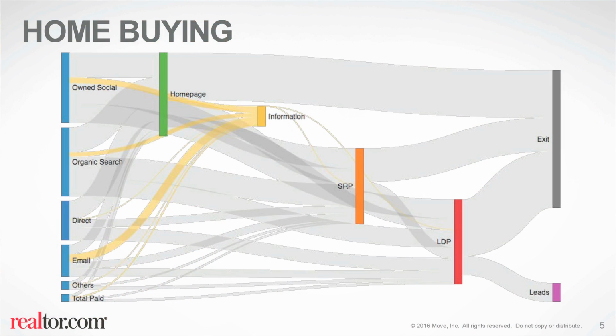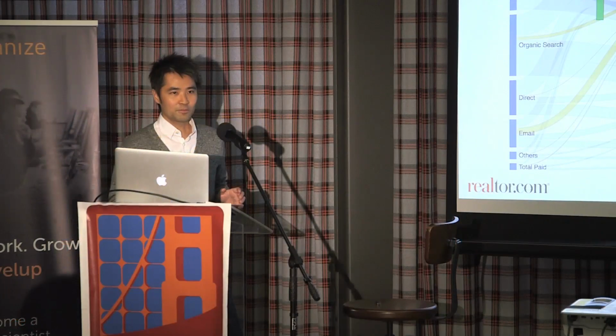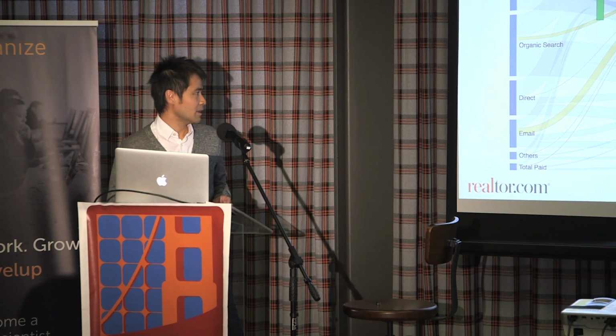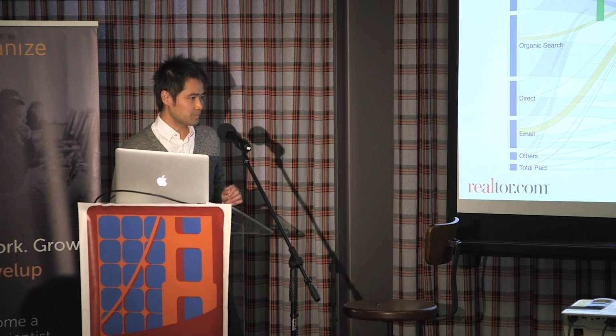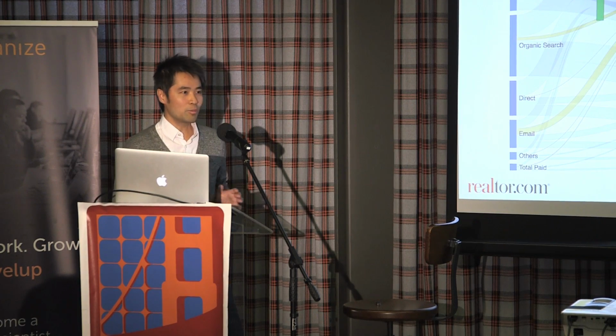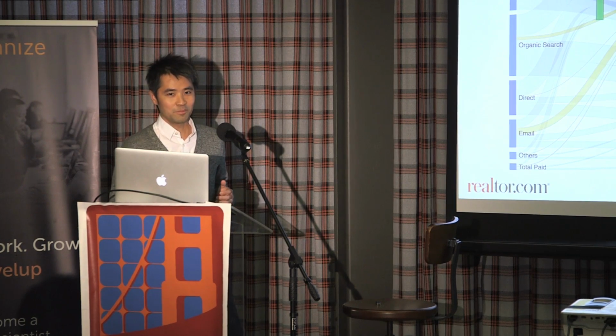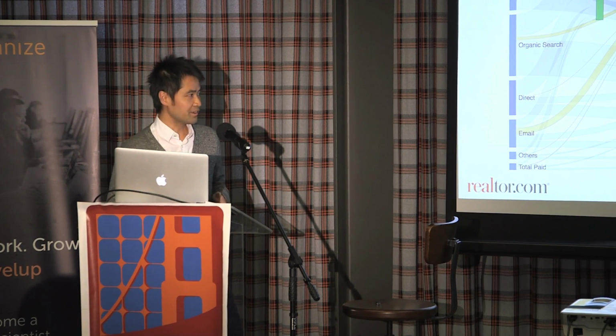However, the home buying process is a different story. First and foremost, lots of people only do it one time in their life. Another thing is the whole process usually takes about 6 months on average, or sometimes even more than that, maybe more than 1 year.